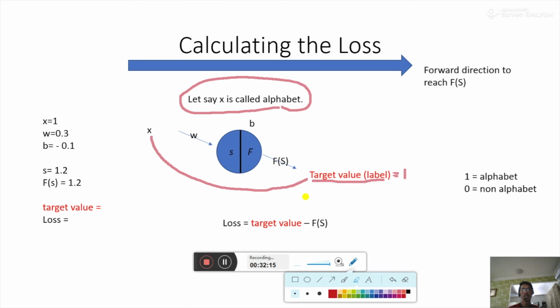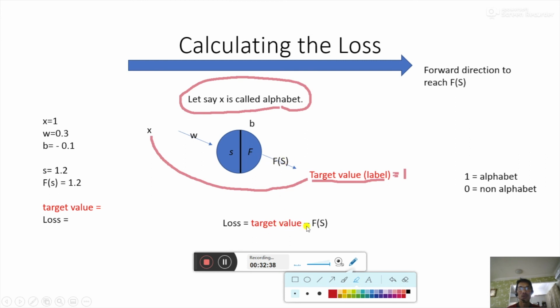When you have the target value, I need to introduce another term called loss. You lost, hilang. I lost something, I lost my dog. Lost, hilang. So loss means the target value minus Fs. This is Fs.